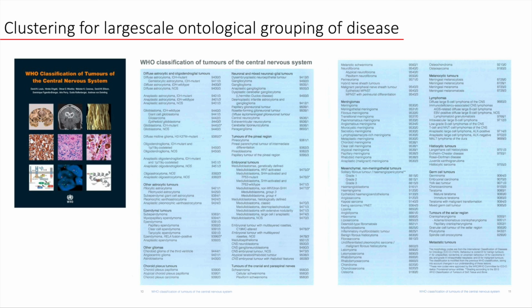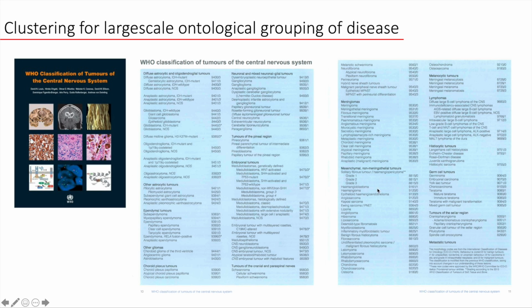And to do this, the first problem we picked was to try to see if we can recapitulate the WHO classification guide of central nervous system tumors. This is the World Health Organization's kind of manual to how different brain tumors should be grouped or at least conceptualized.